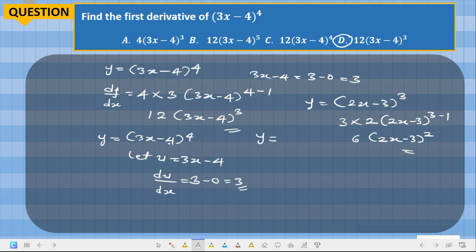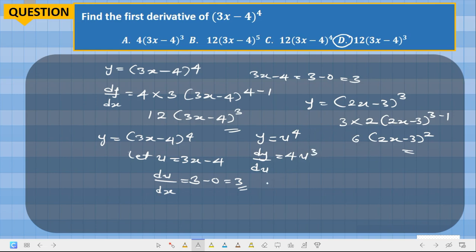Now the next thing is your y. If u is 3x minus 4, it means in place of 3x minus 4 we can put u, so this becomes u raised to the power of 4. Now what is your dy/du? Dy/du is the derivative of u to the power of 4: 4 times the coefficient, which is 4, then u to the power of 4 minus 1, which gives us 3.